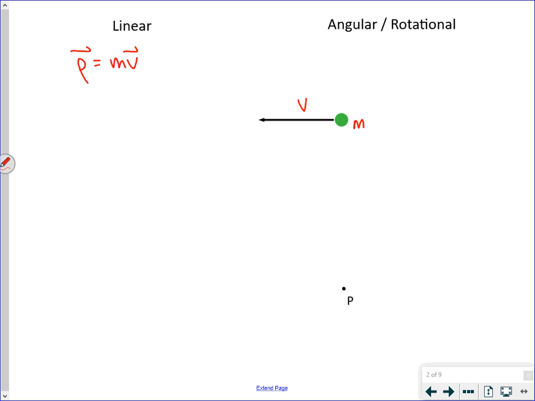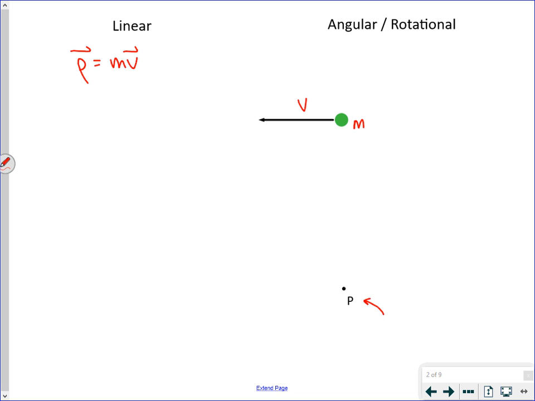It's not even moving around in a circle. But look, here's a point in space P. Well, what we can say is, where is our mass m? Well, we can locate it relative to any other place we want. In this case, I'm choosing to locate this point mass relative to point P.